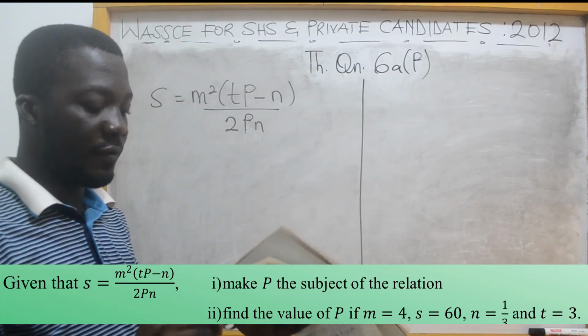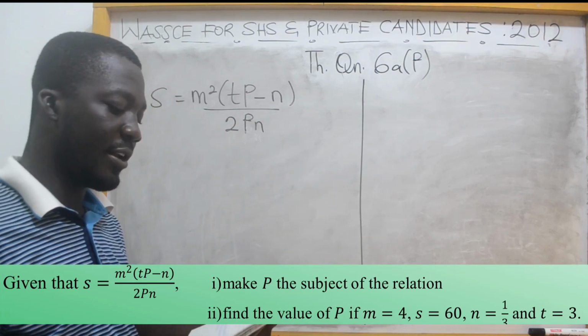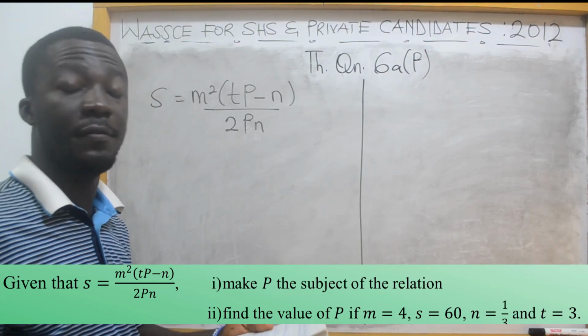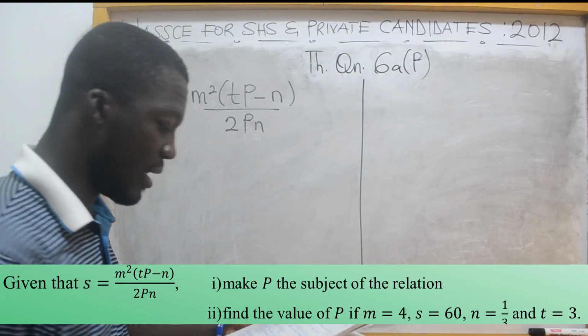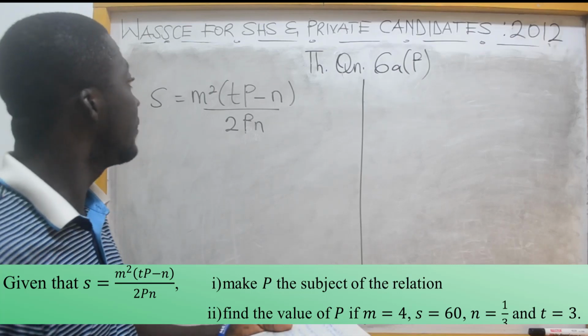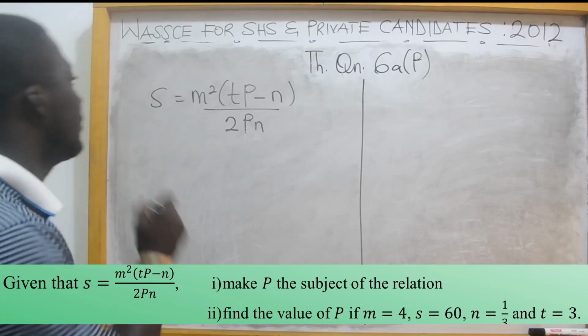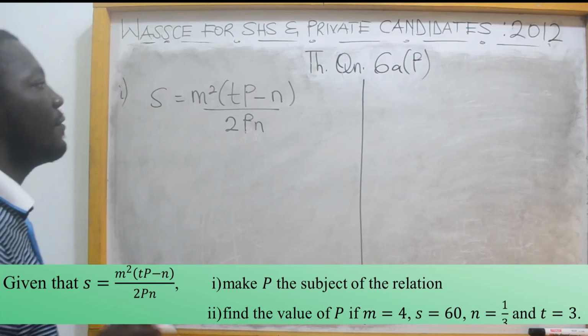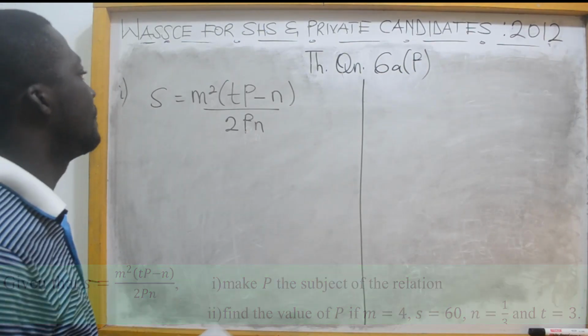Make p the subject of the relation, and after that find the value of p if m and s are given. So the first part, make p the subject of the relation. So that's what we are doing for the I.